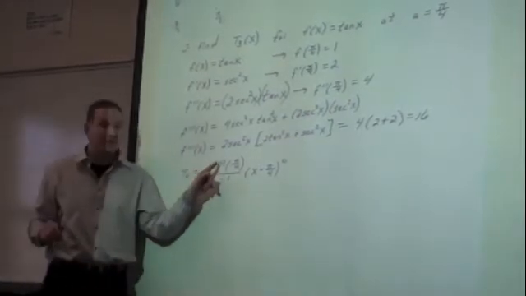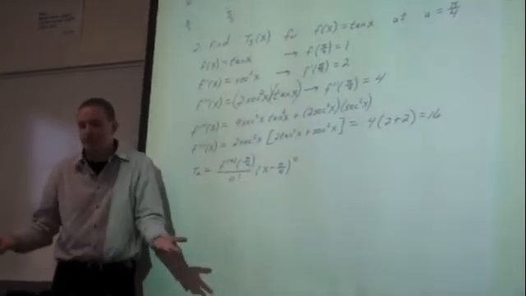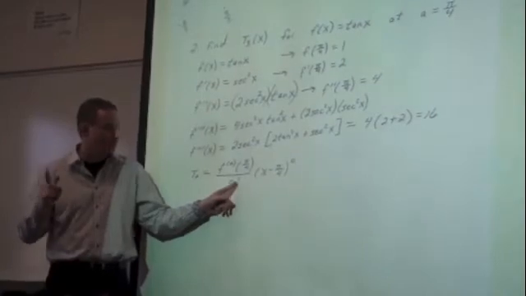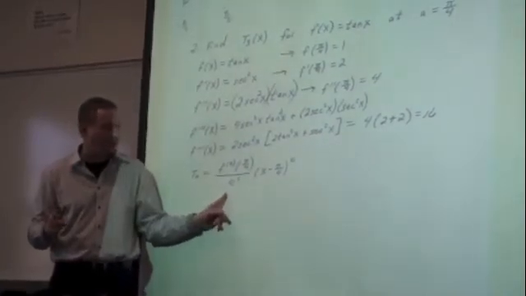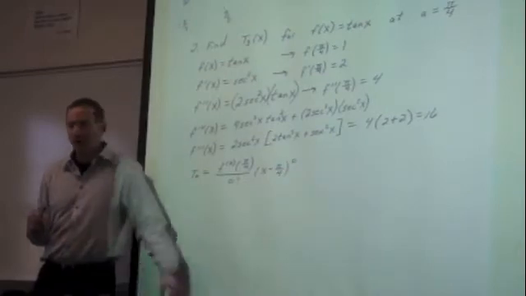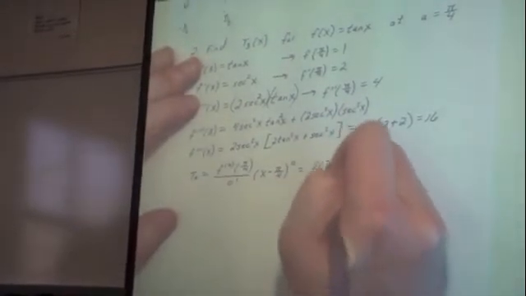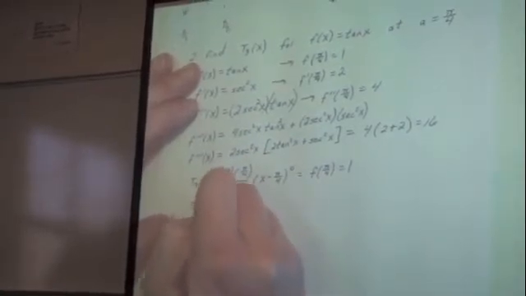Because I'm showing you the pattern here. It's always the 0th derivative, which is just your original function, evaluated at pi over 4 divided by 0 factorial, which is 1. So all that is just f of pi over 4 times 1. But that's just showing you the formula works for every single term in there. This is f of pi over 4, which we already knew is 1. So again, the function y equals 1 approximates this with the 0th Taylor polynomial. But it would not be a very good approximation.